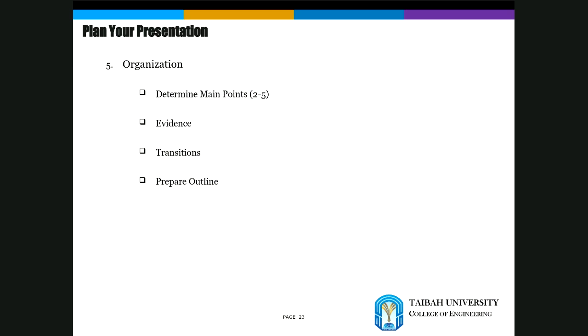If you don't mention these transition words, we're gonna lose you somewhere. So try to make us move from one slide to another using transition words: first, second, move on, third. And prepare an outline. At the beginning, you have to have an outline covering the beginning, second, and third.